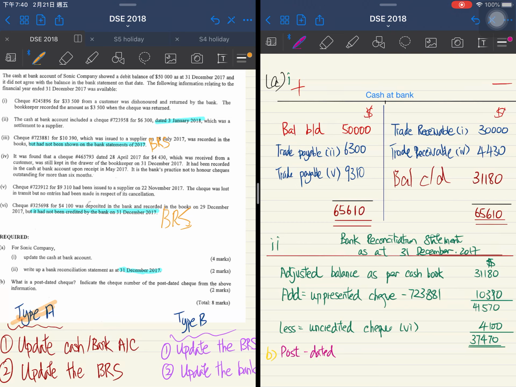Post-dated check means a check dated with a future date.